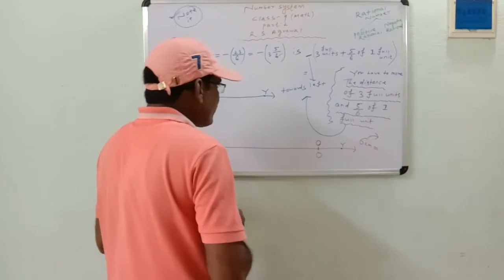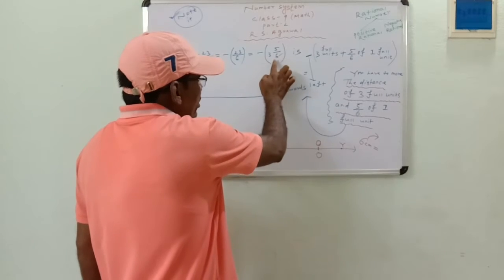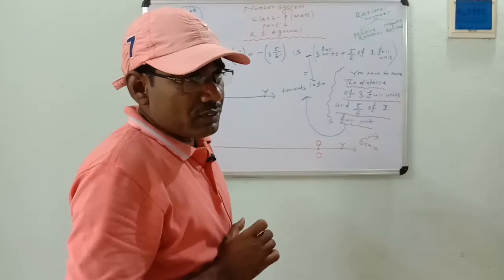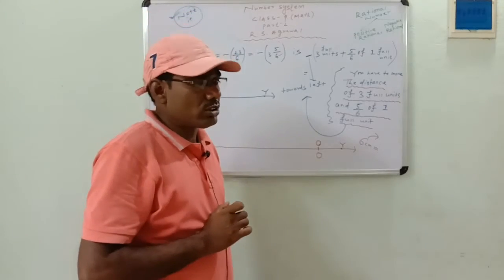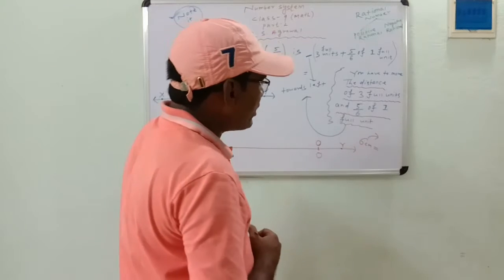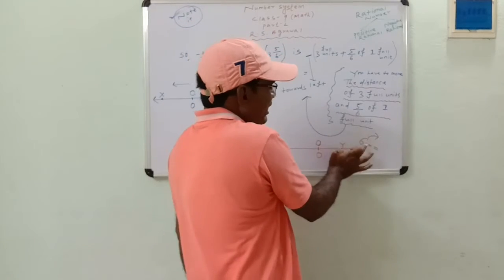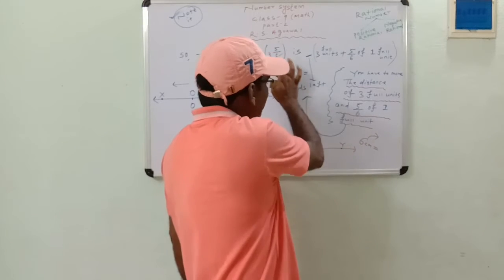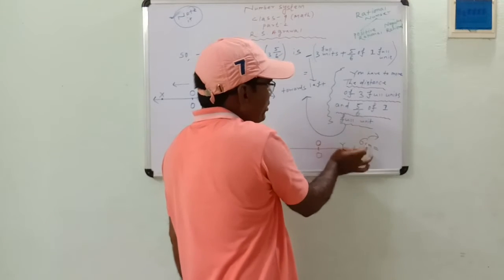Because here the denominator is 6, it means you have to divide the unit length into 6 equal parts. Therefore 6 cm will be convenient because it is divisible by 6, and one part indicates 1 cm.